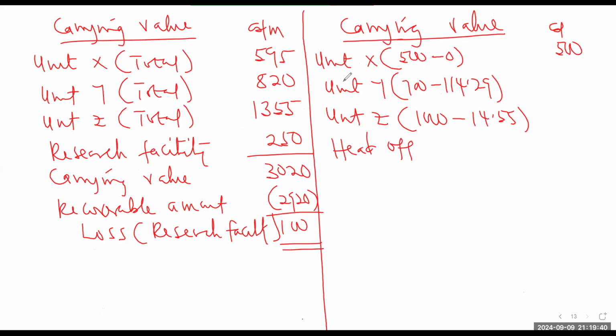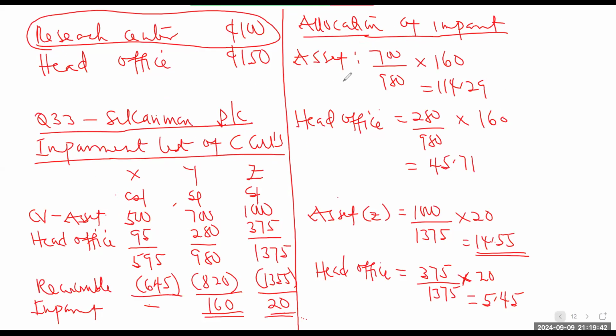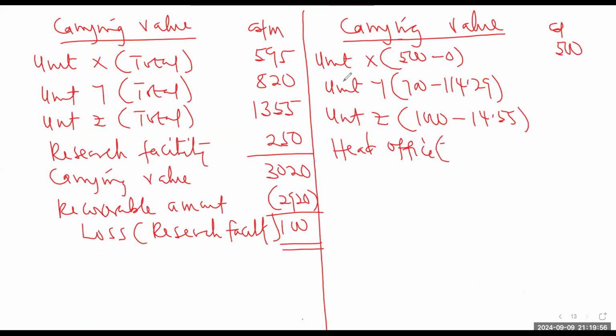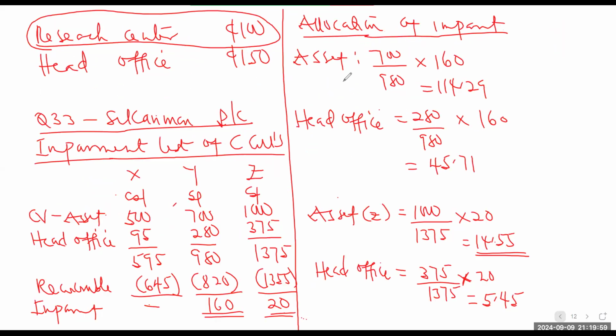Then you come to the head office. Okay, the head office, what is the total carrying value for the head office? 750. Okay. So we have the 750 over here minus the impairment on the two, which is 45.71 and 5.4.